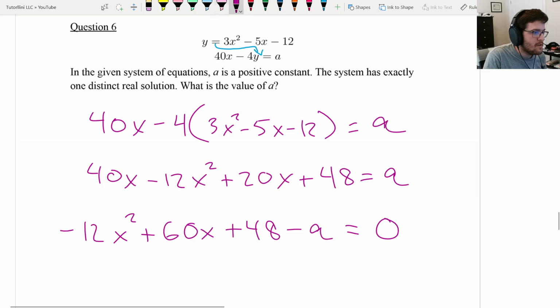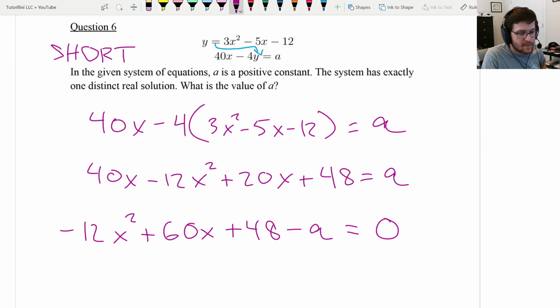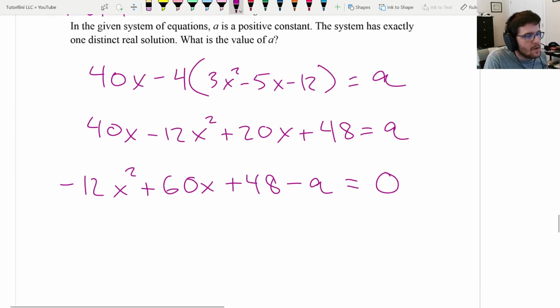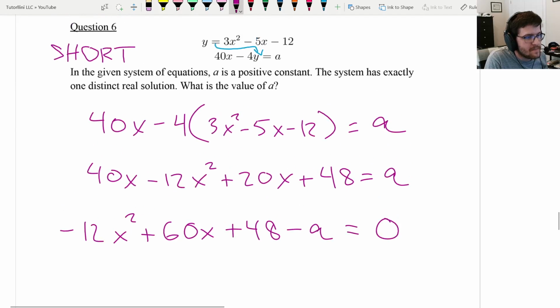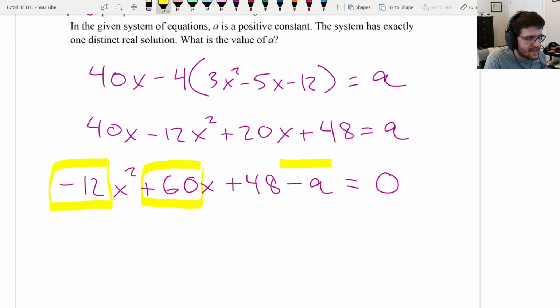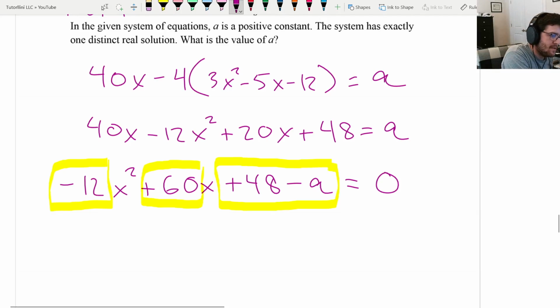Okay, guys, if you don't know what to do from here, please make sure I have a short on discriminant, which kind of goes over how to pick out A, B, and C and what the concepts are. I'm just going to assume you've watched that, so I'm not going to go over those notes again. So ABC, AX squared plus BX, and then this whole thing is C, 48 minus A. So let's write that down. A with air quotes, because there's multiple A's, is negative 12.